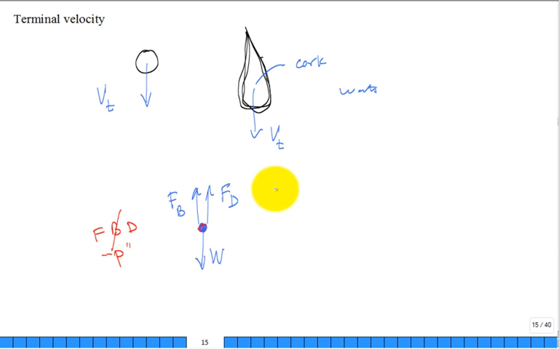So let's do this. The buoyancy plus drag is equal to the weight. How do I calculate the buoyant force? If I could just take this class called fluid mechanics, I'd learn how to do that. You take the weight of the fluid that's displaced by the object. So you take the volume of the object and you multiply by the density of the fluid.